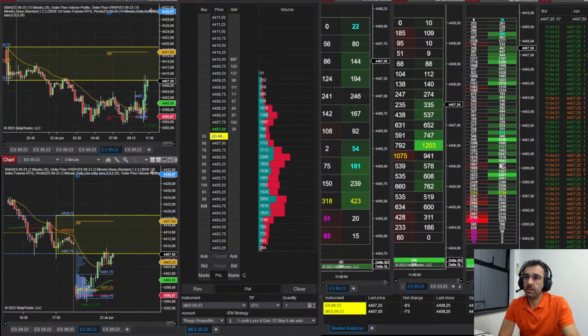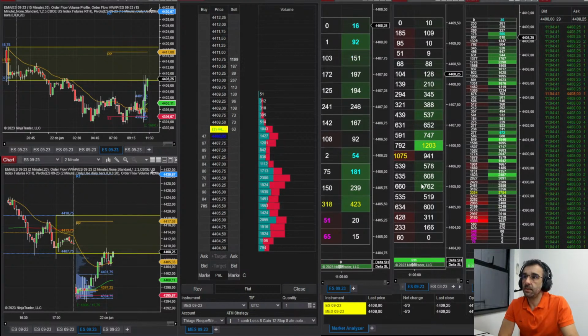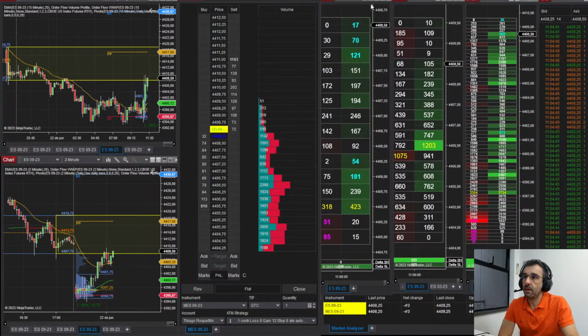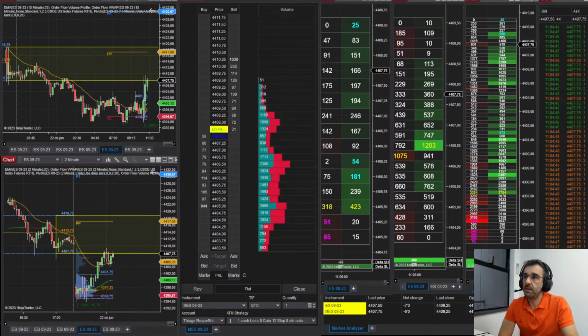Well, it overcame the 650. Okay, in theory, this could be read as bullish strength. Let's see until where. Exhaustion 850. But let's confirm if it was an exhaustion actually.